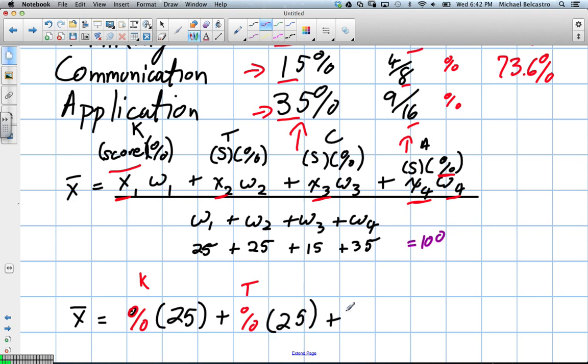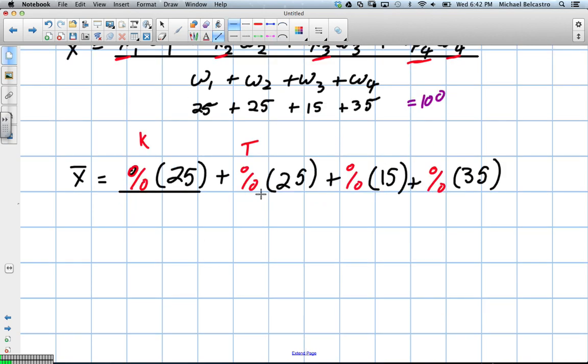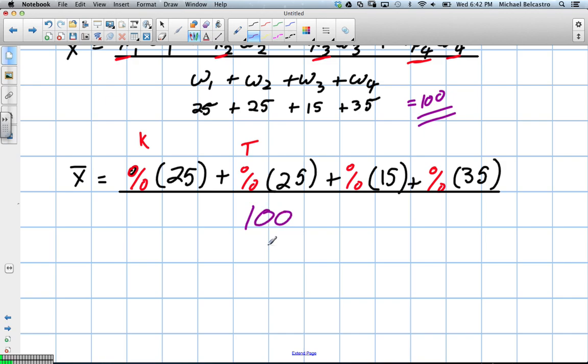The percentage we got on communication times 15, because communication is a weighting of 15, plus the percentage we got on application times 35, because the weighting was 35. And we're going to divide by all of those values added up together, 25, 25, and so on. We already know what they're going to equal, 100. So it's all going to be divided by 100.